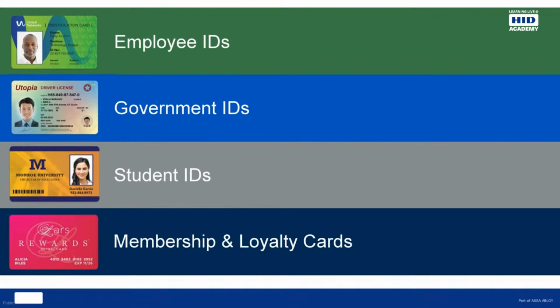People looking at membership and student ID programs have to factor in a few more things. They typically want faster printers, they have simpler designs, and they want it to be more cost effective. So for student IDs and membership loyalty cards, maybe the DTC is a better fit, just because they print very fast. They're a little cheaper than retransfer printers, and the quality is still outstanding.